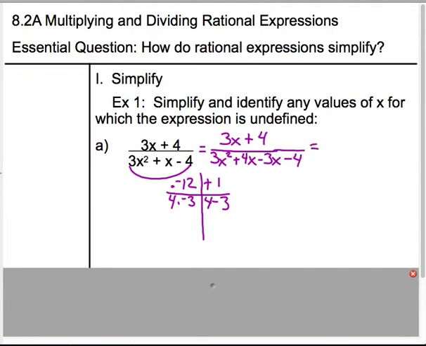And then I'm going to factor by grouping. So my first two terms, I can factor out an x. And for my second two terms, I'm going to factor out a negative 1.